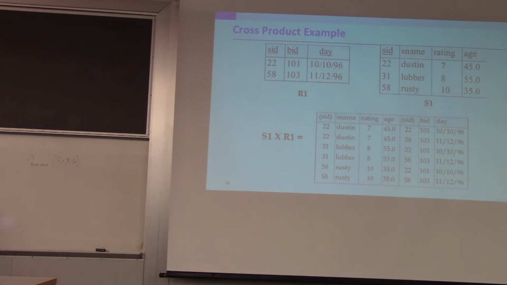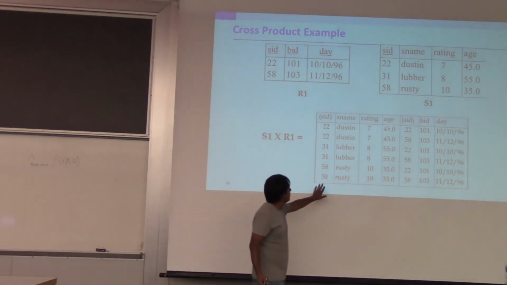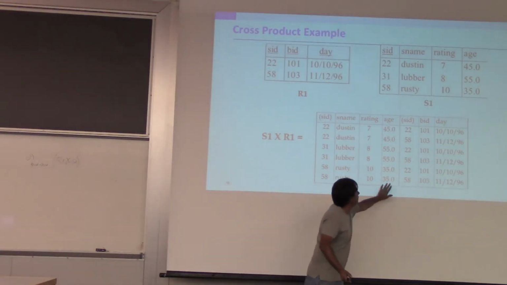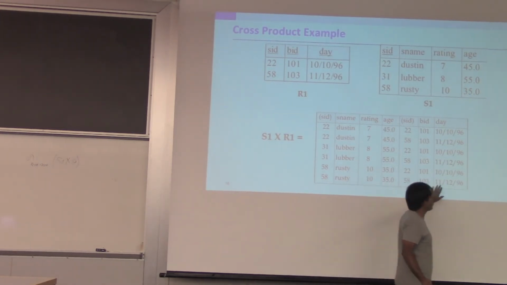So let me ask this one: in the natural join, what is the output result, or the output instance, you expect? What are the attributes? The attributes should be this one, this one, this one, this one. Eliminate this one, right? Then this one and this one.